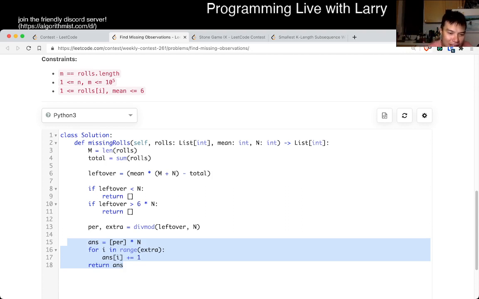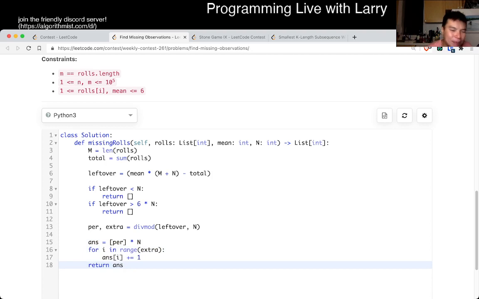So this is O of n space, but exponential space if you want to be pedantic.